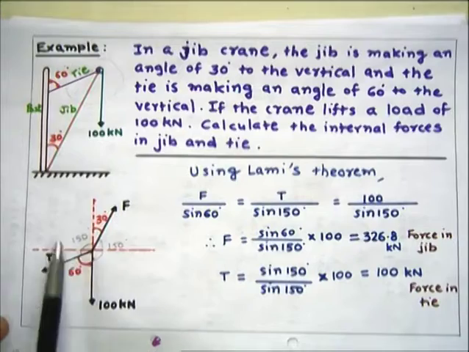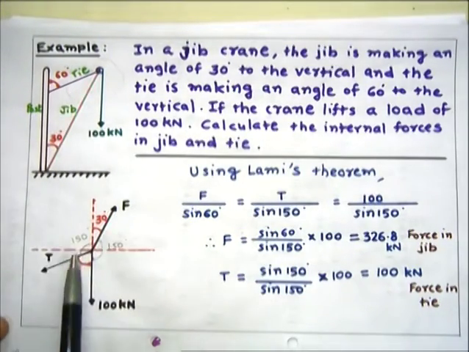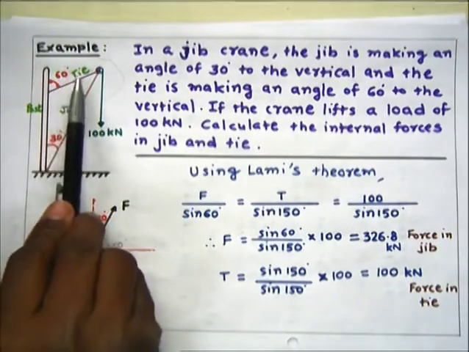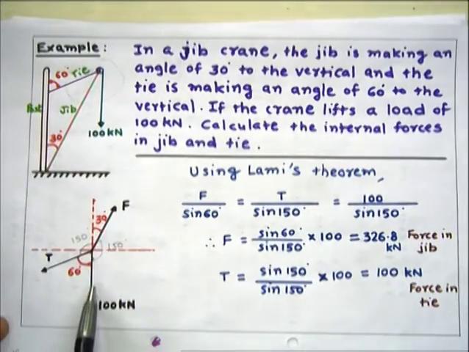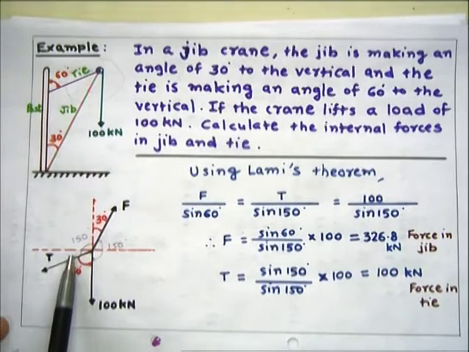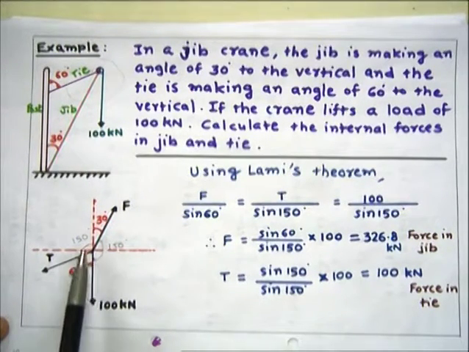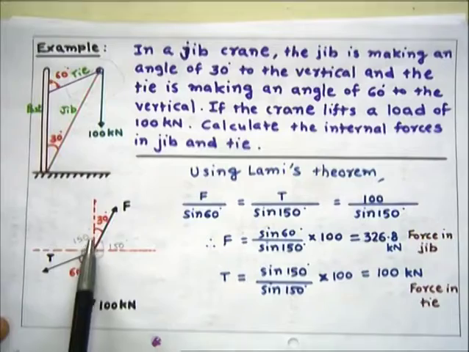While here, the tie is making a 60 degree angle with the vertical, so it is 60. So this rest angle will be 150 then.